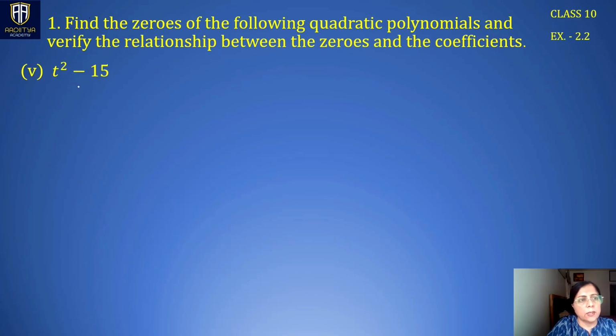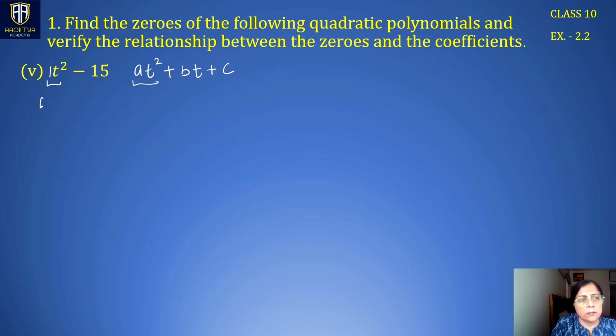In the next question, we have t square minus 15. So this is our quadratic polynomial, but we have only two terms here. So I can write this in terms of standard polynomial, so this becomes at square plus bt plus c. So we can see that we have t square term here, so the coefficient is 1.